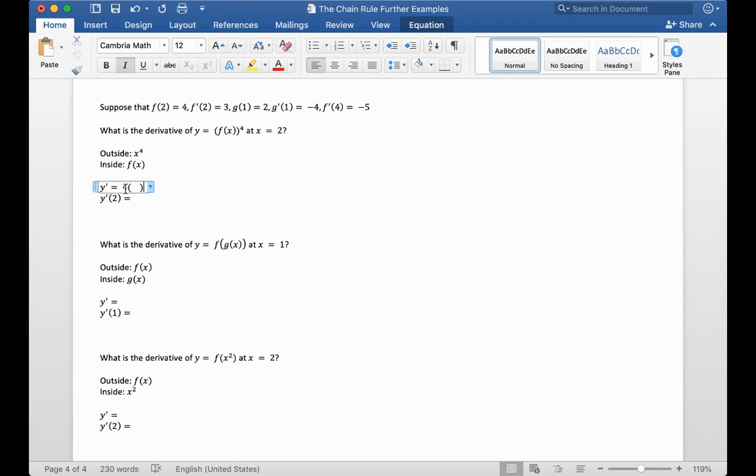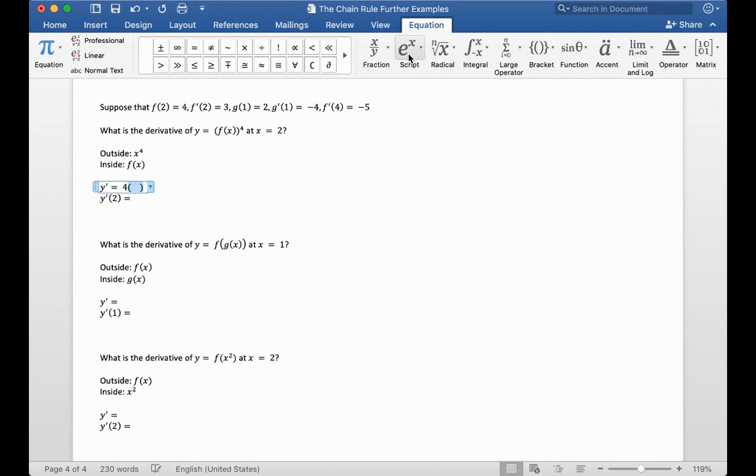So it's going to be 4 something to the third power times the derivative of the inside function. So it's 4 something to the third times the derivative of the inside. And what goes in here is the outside function. And so our derivative is 4 f of x to the third times f prime of x.